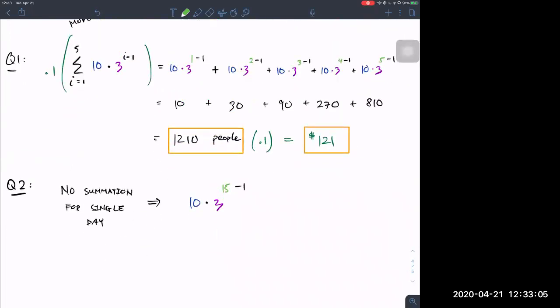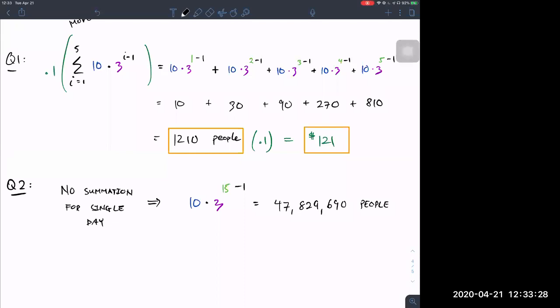So that's why I teach it that way. So that's 10 times 3 to 15 minus 1. So we've got to figure out this number. It's going to be quite large, actually. So this reaches 47,829,690 people.